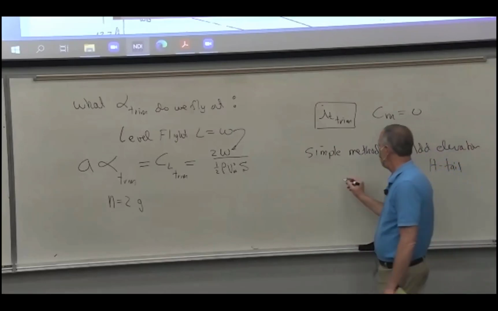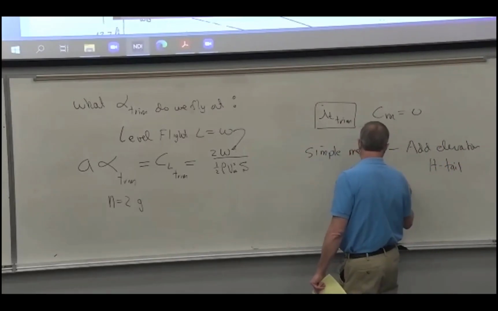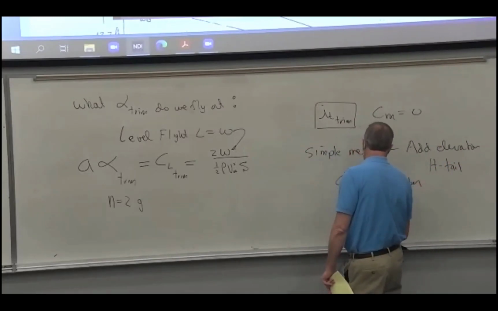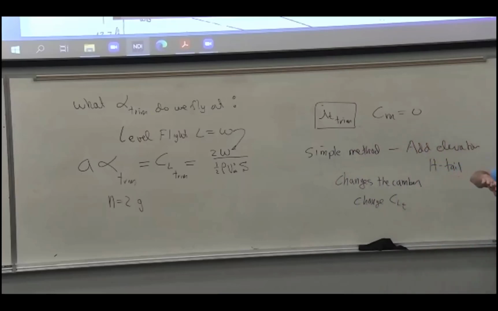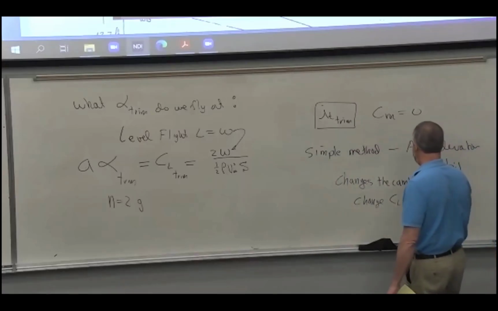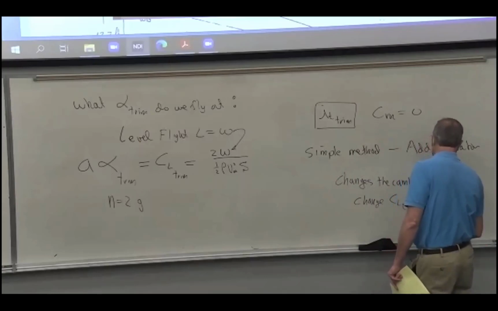And what that does is it changes the camber, so it changes the lift of the tail. We know if we have a flap on the end of an airfoil, you tilt it down, it shifts the lift curve slope up, you tilt it up, it shifts it down, so it changes the camber and it changes the lift of the tail. And then of course the lift of the tail feeds into the total pitching moment.